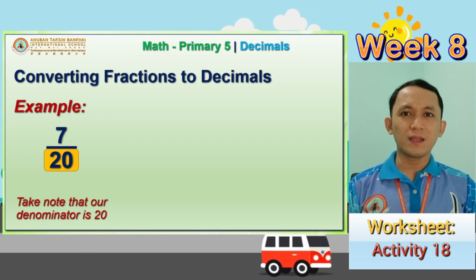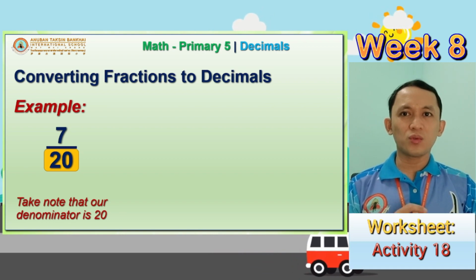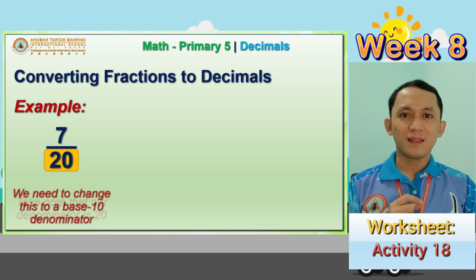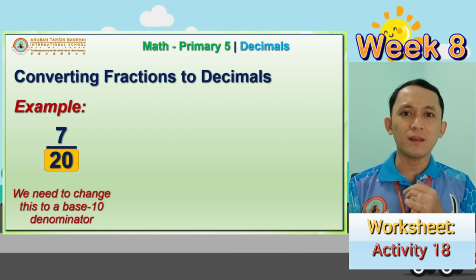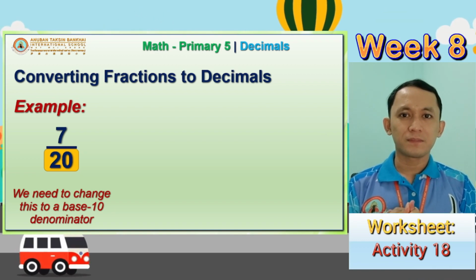Since our denominator is 20, we need to change this into a base 10 denominator. When we say base 10, let's say we start from 1, we multiply it by 10, so we have 10.